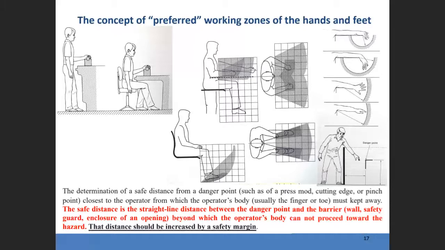If there is a danger point like fans or a cutter or something like that, or a sharp machine, I calculate the safe point from different angles to avoid the operator's body reaching this danger point. Hope that clarifies the concept of the preferred working zone of the hands and feet, which is derived from the anthropometric concept.